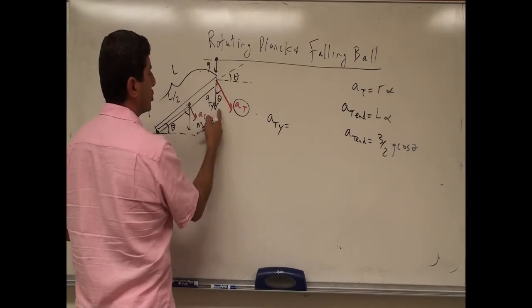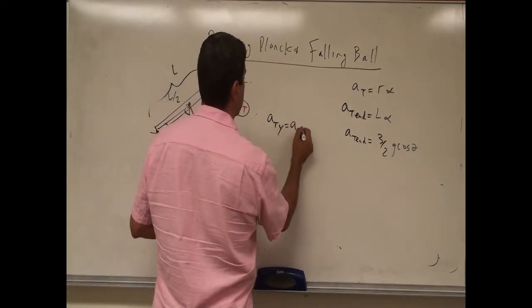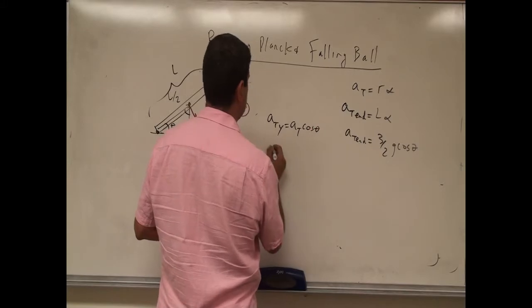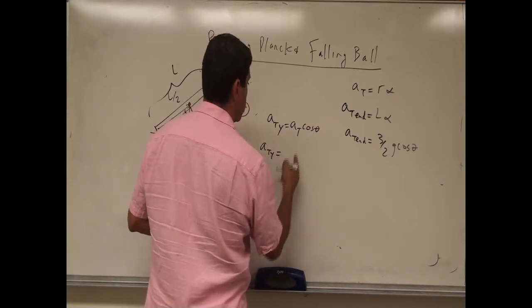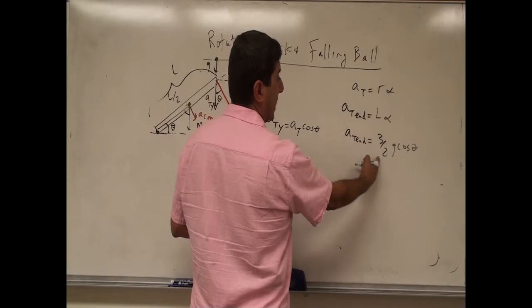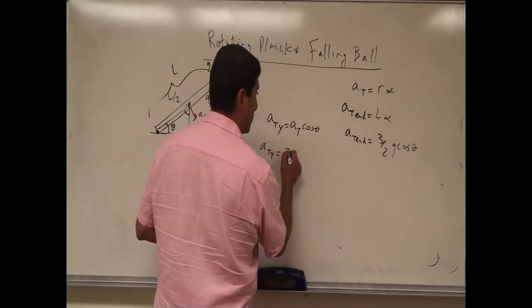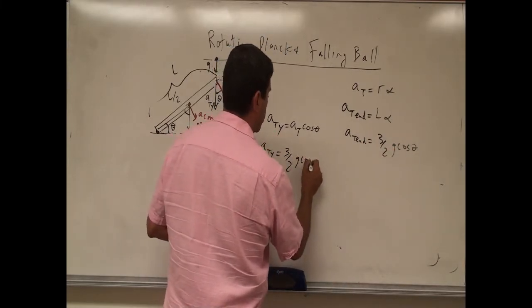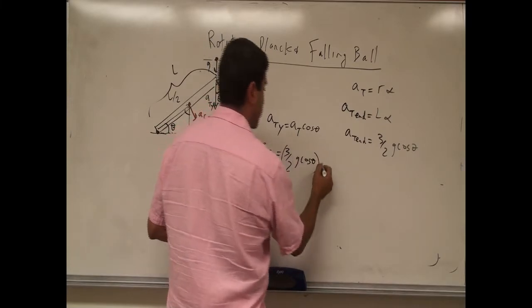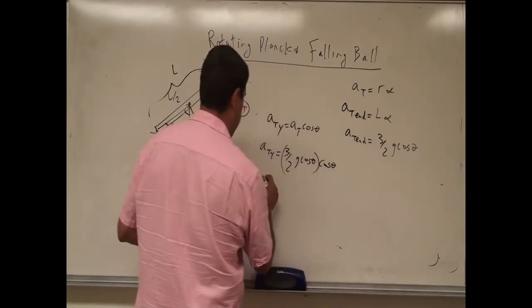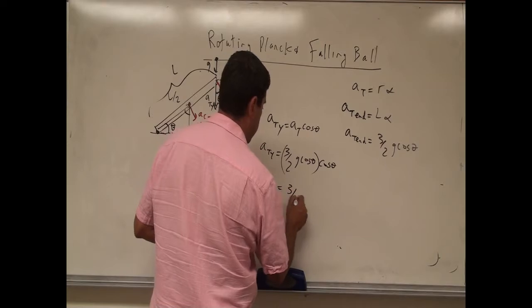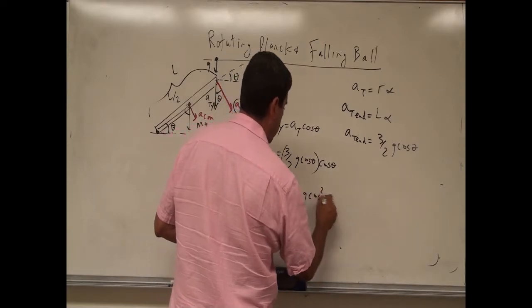So then A tangential y is equal to A tangential cosine theta. A tangential of the end was 3/2 g cosine theta, so that's going to be 3/2 g cosine theta times another cosine theta. So A tangential y is equal to 3/2 g cosine squared theta.